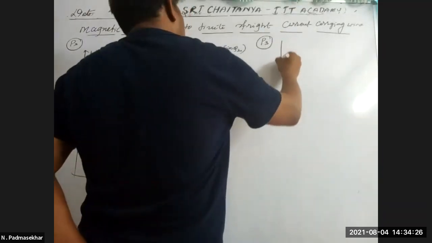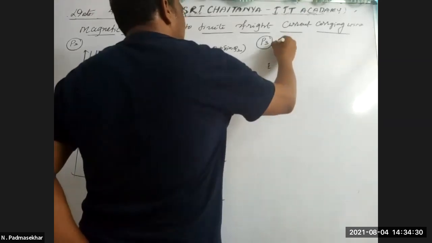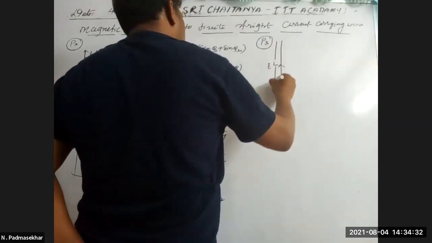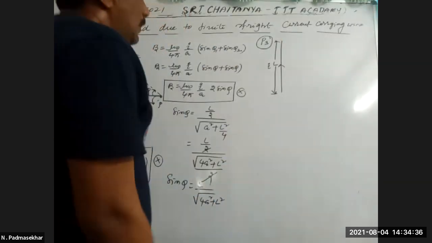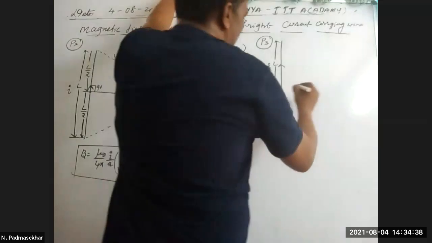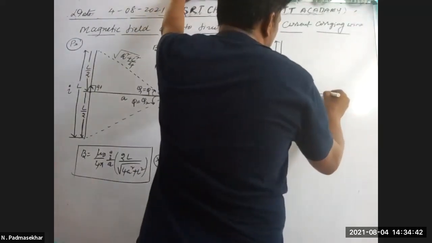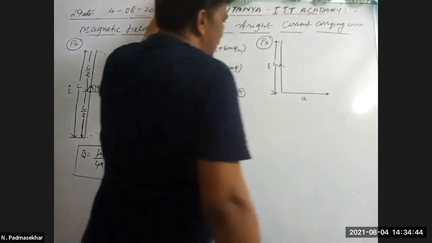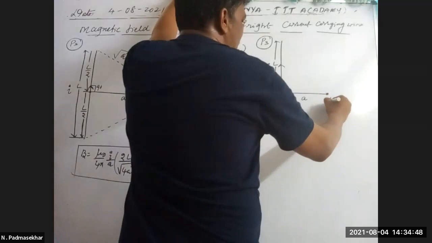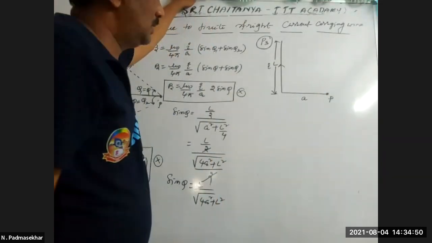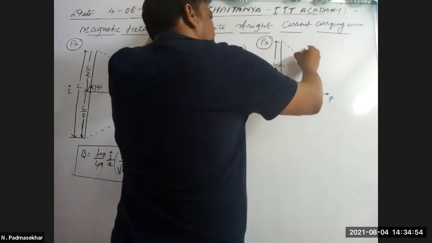This is a straight conductor carrying current, of length L. I want to find the magnetic field at this point, perpendicular distance A, exactly at one end of the conductor. So this is our point of consideration.